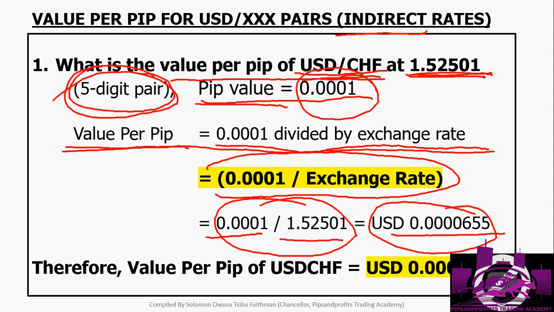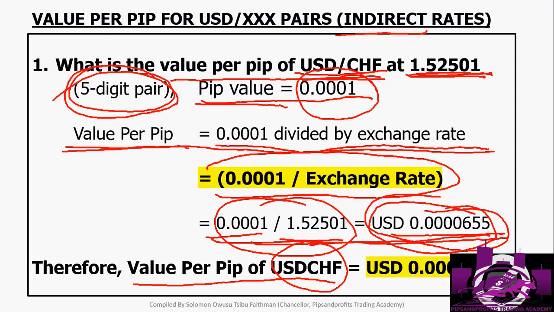Because we know our pip value and our exchange rate, when we insert them and do our calculation, this is what we get. Therefore, the value per pip of USD CHF is this, and this is the value of a 1 pip move.